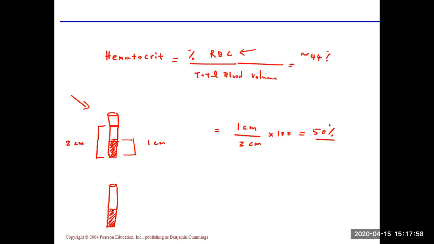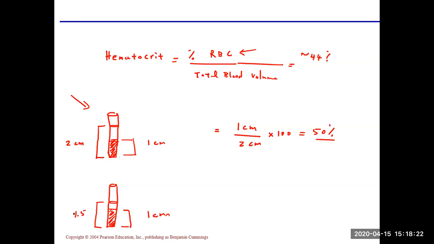You didn't lose any blood, but you lost water, so your water amount is going to be lower. Now, from here to here, it still would be 1 centimeter. But the total volume no longer is 2 centimeters, it is less than that. Let's say it's 1.5 centimeters.